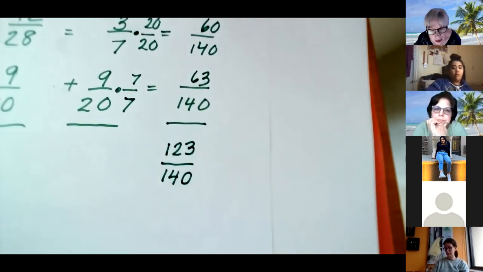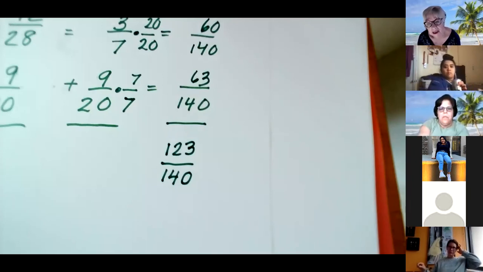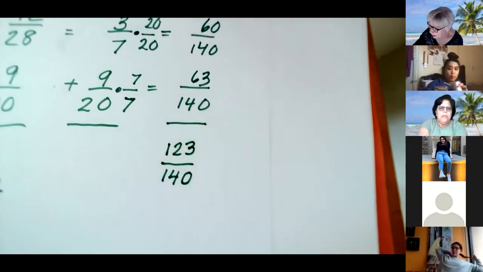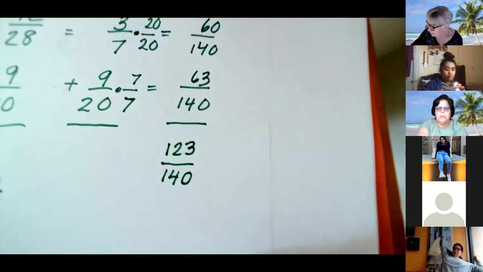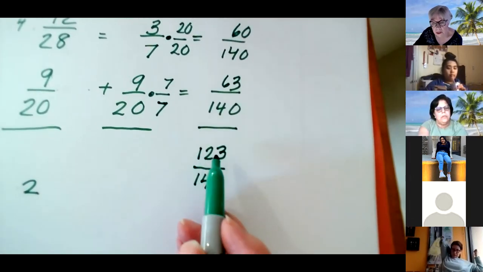Now the question is, could this reduce? We haven't had one that was this high to try to reduce it. But if you're going to try, the primes always end up being your best shot. Does 2 divide into both of those numbers? Can I divide this by 2 and this by 2 at the same time?